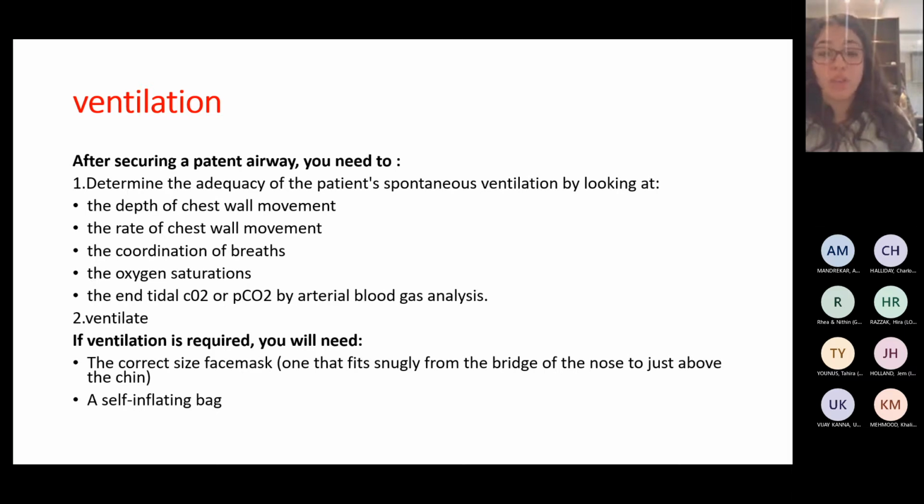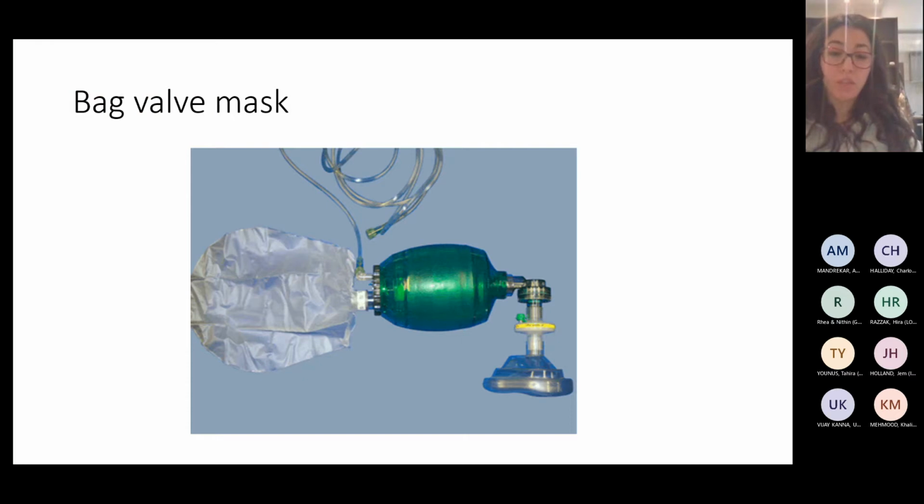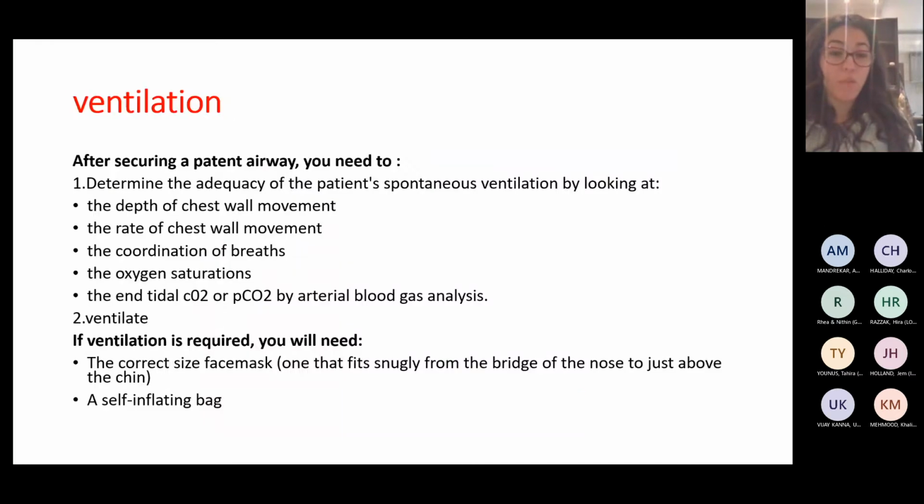If you have an end-tidal CO2 or PCO2, that would be good, but you might not have it in a ward, and an arterial gas will be just enough. If you notice that their saturations, despite being on high flow oxygen, and all your maneuvers and adjuncts having been done, are still not achieving the target saturation, then you start ventilating.